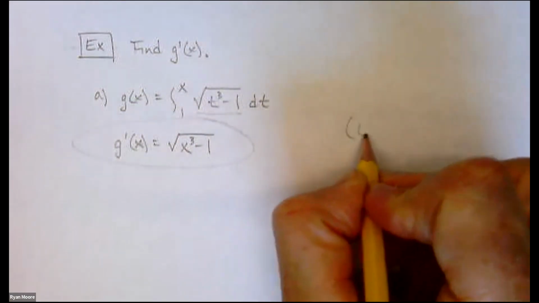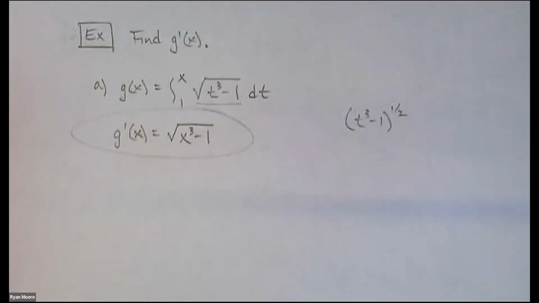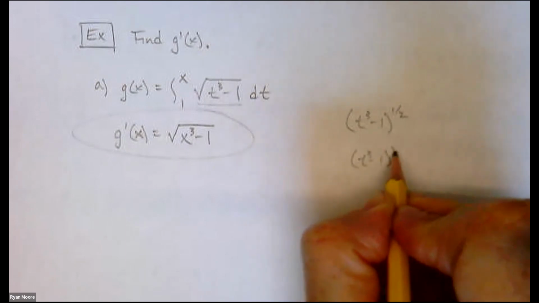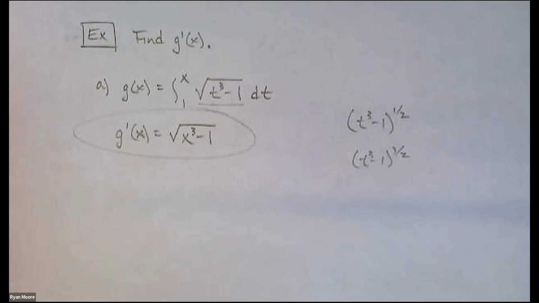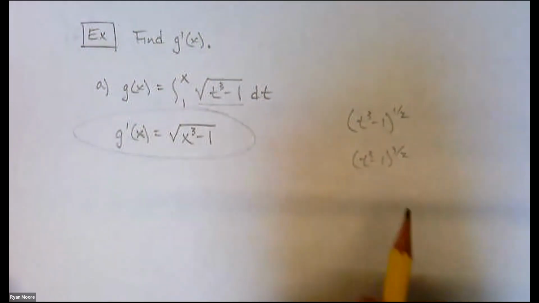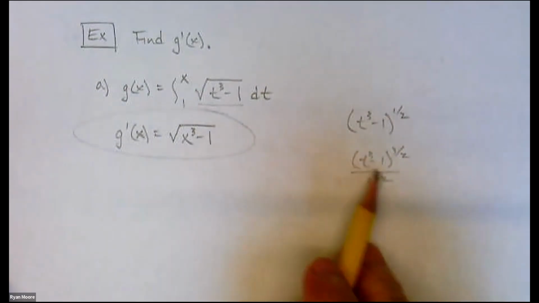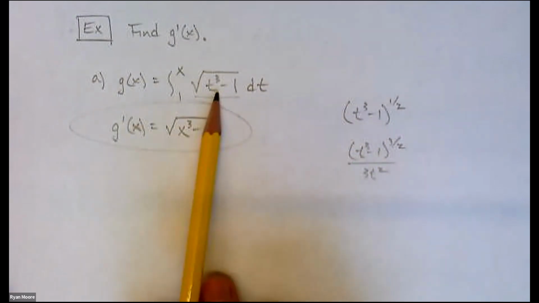If you thought of it as t cubed minus 1 to the half, you think, well, this must have been to the 3 halves, but then there's a chain rule, and would we have just had to divide by 3t squared? Well, no, because it couldn't have been this function because that would require a quotient rule.